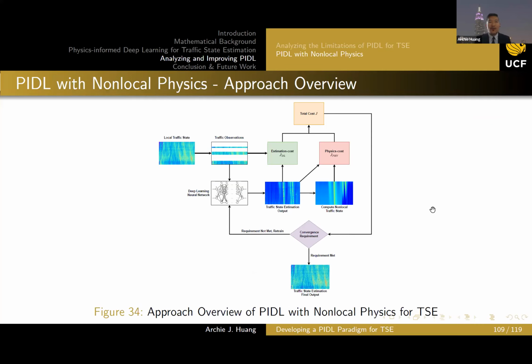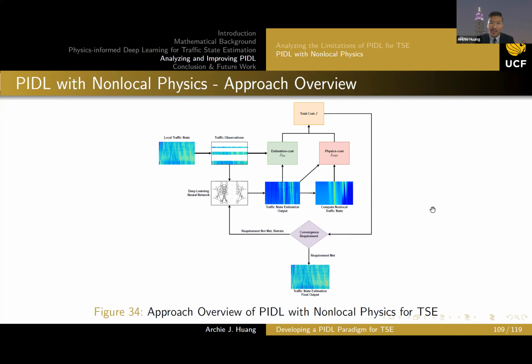So here's the approach overview of PIDL with non-local physics. What I want to point out in this diagram is that we now see the physics cost, which is the box colored in pink. To calculate JPHY, we need two traffic states here.